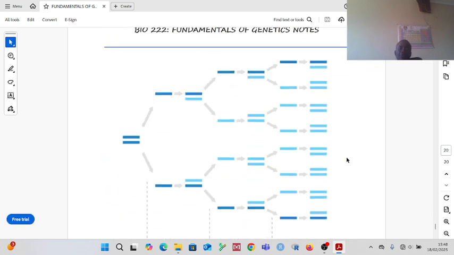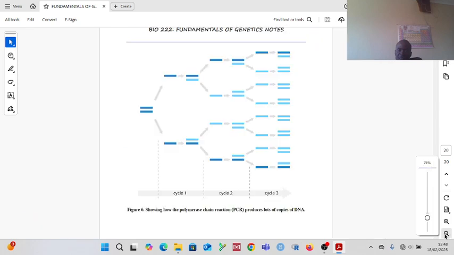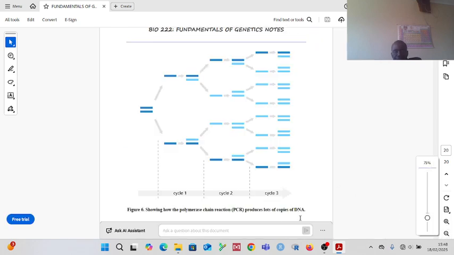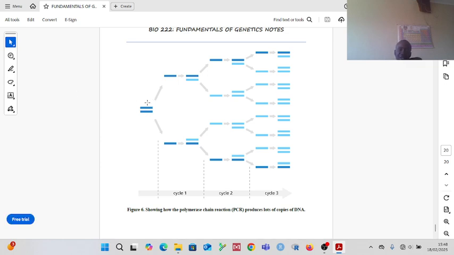So on page 20, I'll make this smaller. You have a double strand that we begin with. When we heat this, we create these 2 single strands: denaturation.